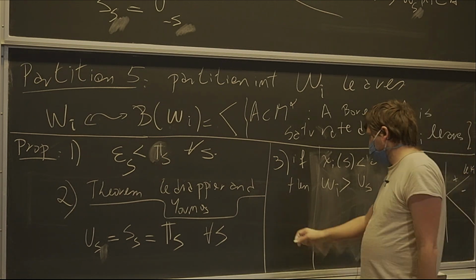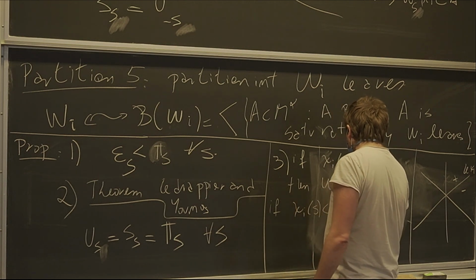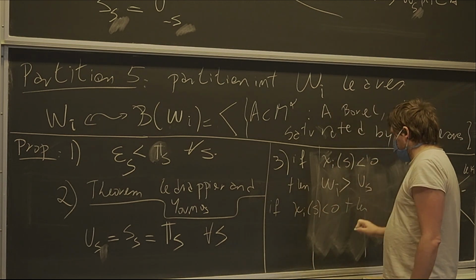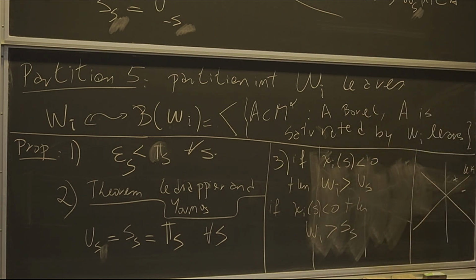And if chi I of S is negative, then Wi refines the stable partition, because then the Wi goes inside the stable partition.